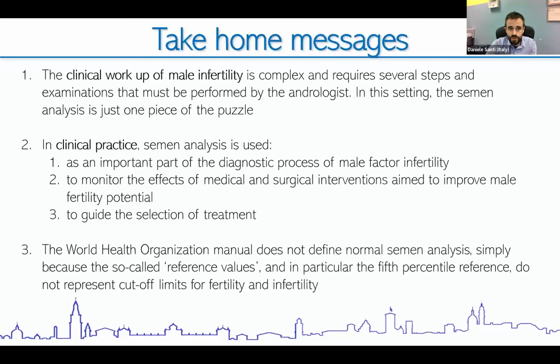So just in conclusion, a few take-home messages, because I think it's very important to remember that male infertility is complex to evaluate, and the semen analysis is a step in this setting, but it is just a piece of this complex clinical situation, and that we have a manual that helps the definition and interpretation of the results of the semen analysis, but these data must be considered carefully, considering that we cannot discriminate between fertile and infertile.